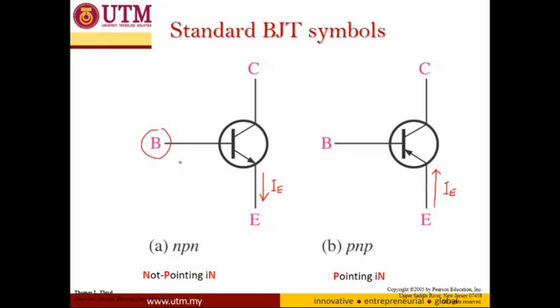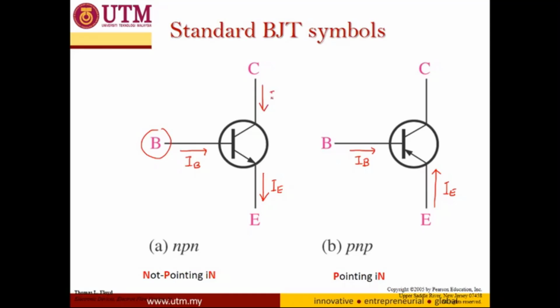Okay, and then for the base, we apply this voltage. Most of the time the direction of the base current is defined from left to right. So this is the direction of the base current. And lastly is the collector current. The collector current should follow the direction of the emitter current.